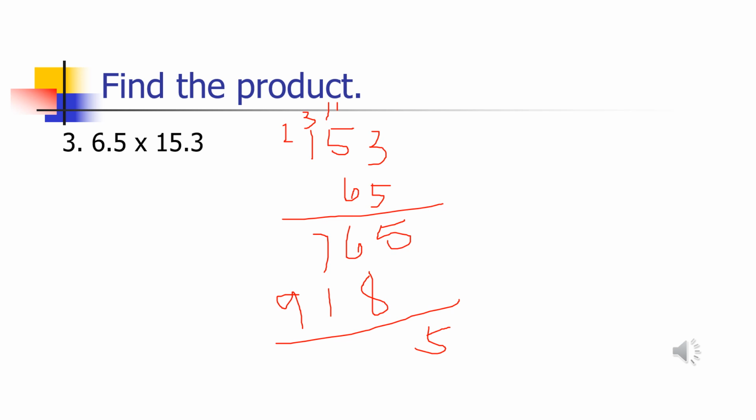Then 8 plus 6 is 14, so bring down 4, carry 1. We need to add, so we have 7 plus 9. Okay, how many decimals do we have here? 1, 2.